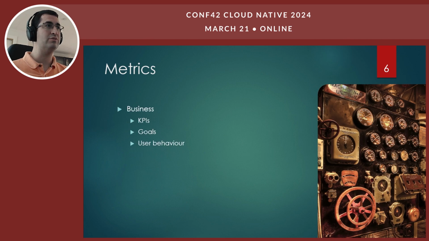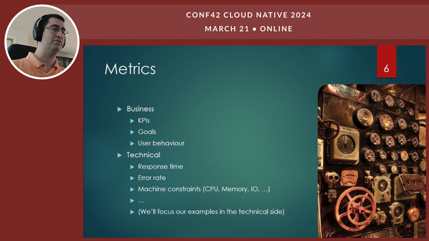So we have two types of metrics. First, I would say the business metrics. They are the KPIs, goals, user behaviors, everything that we want the product to be, everything that we want the users to see, what's affecting our business. And on the other side, not detached from it, we have the technical metrics.